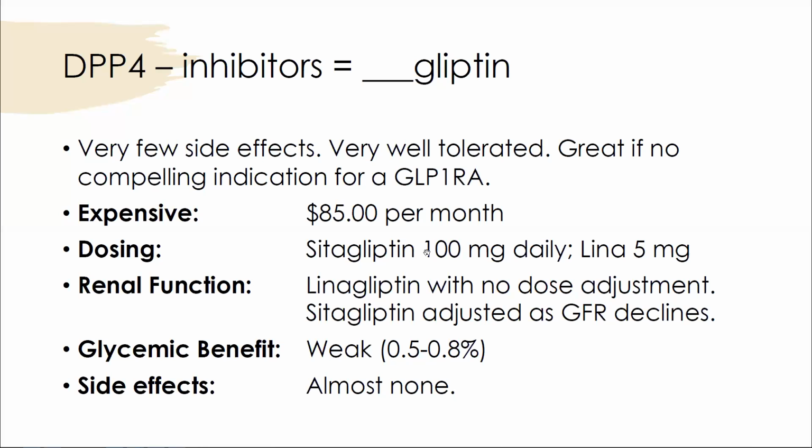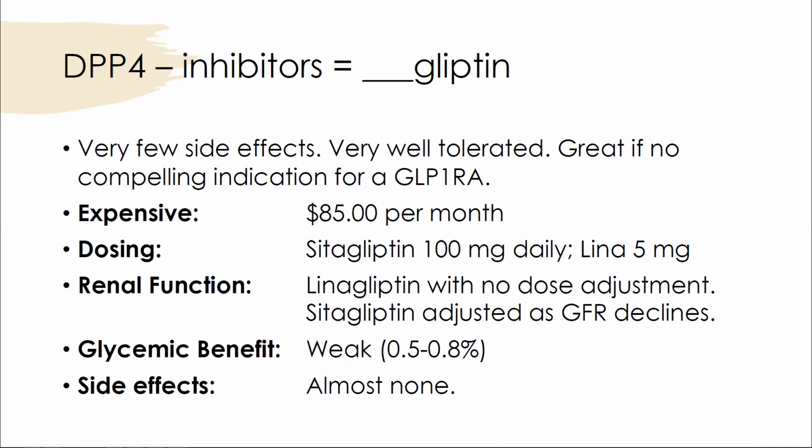The newer agents, the DPP-4 inhibitors, so these are the things that end in gliptin. So there's sitagliptin, linagliptin, saxagliptin, alogliptin. Those are the 4 that we have. Their brand names are things like Januvia, Tradjenta, and Onglyza. These medications have very few side effects, extremely well tolerated.